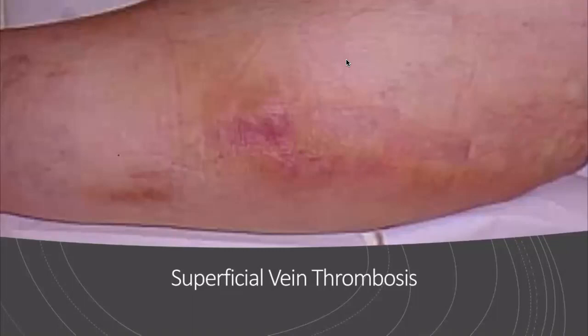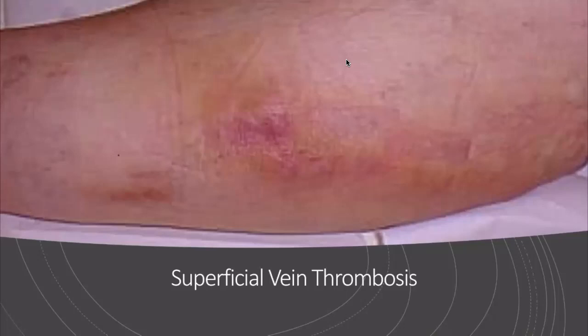So oftentimes they don't even really need ultrasound for this. It can be diagnosed clinically, which means the doctor could just look at the leg and figure out what's going on with the redness of the skin and that superficial cord, where the thrombus is just underneath the skin in a superficial vein, and you're feeling that hardness of the thrombus.